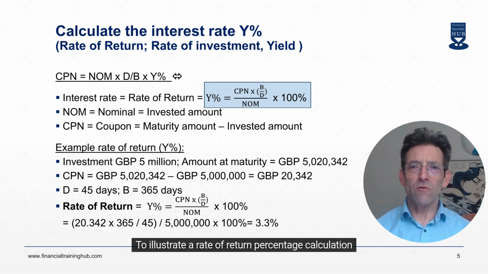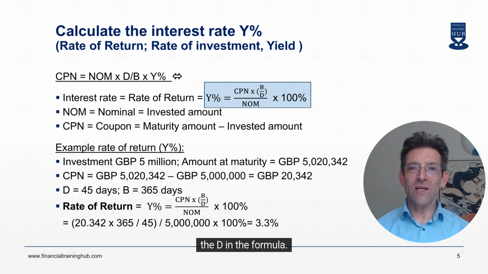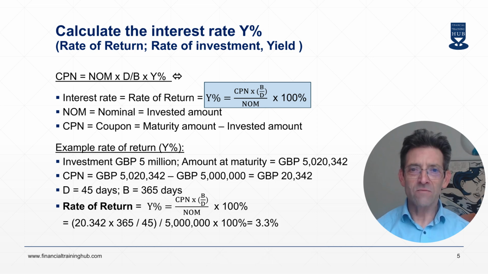To illustrate a rate of return percentage calculation using the rate of return formula, in this example, a nominal of £5 million sterling is invested for a coupon period of 45 days, the D in the formula. It is assumed that the investor receives £5,020,342 after 45 days.